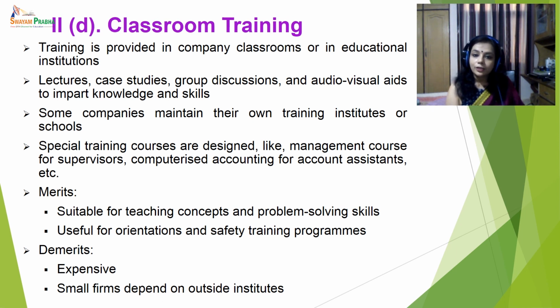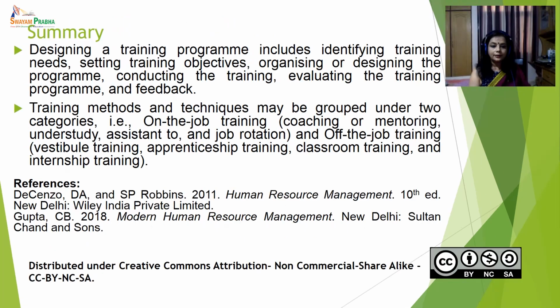Special training courses are designed, like management courses for supervisors, computerized accounting for account assistants, etc. The merits of such type of training is suitable for teaching concepts and problem solving skills, useful for orientation and safety training programs. The demerits are it is expensive and small firms depend on outside institutions.